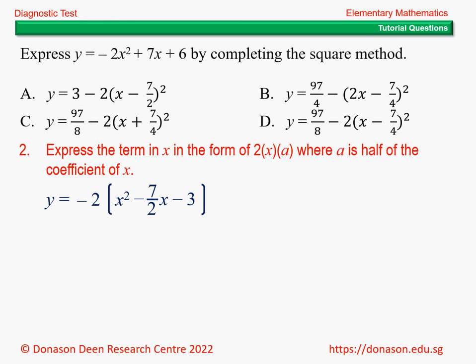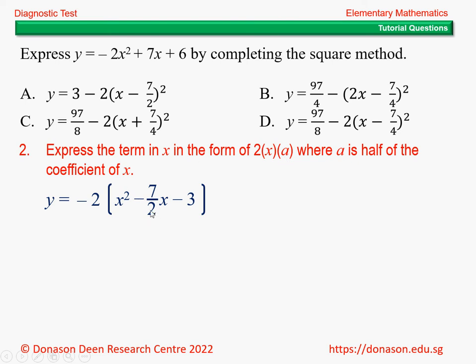Then your second step is we're going to express the term in x, in this case minus 7 over 2x, in the form of 2 times x times a. We want to use a special product, 2 times x times a, where a is actually half of the coefficient of x.